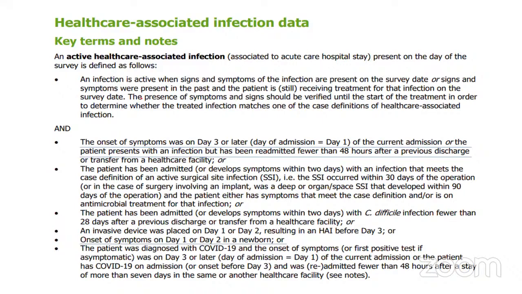Now, if you look at newborns, at neonates, that's the second last bullet, they talk about onset of symptoms on day 1 or 2 in a newborn being considered as active healthcare-associated infection. So the question in neonates is, when do we call an infection hospital-acquired? You can see it could be day 1, day 2, day 3, depending on who you are looking at and which paper you're looking at.